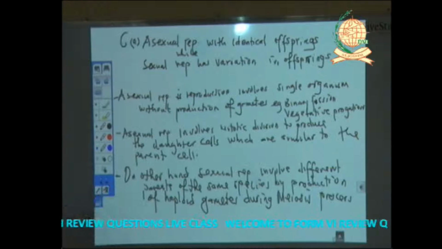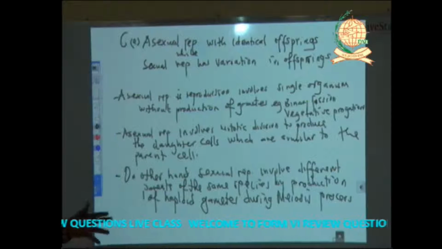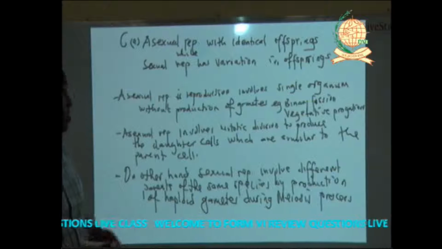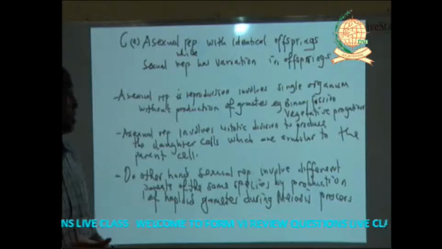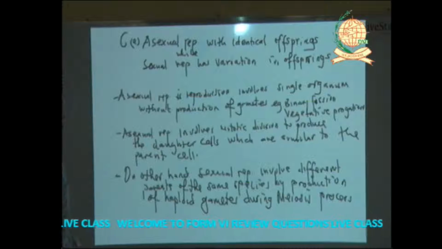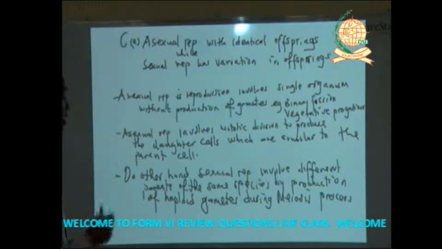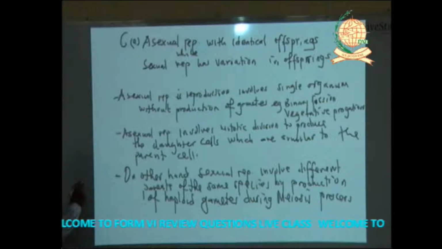So sexual reproduction involves two parents to produce haploid gametes during meiosis. And why does it have variation? Why does this one have variation?